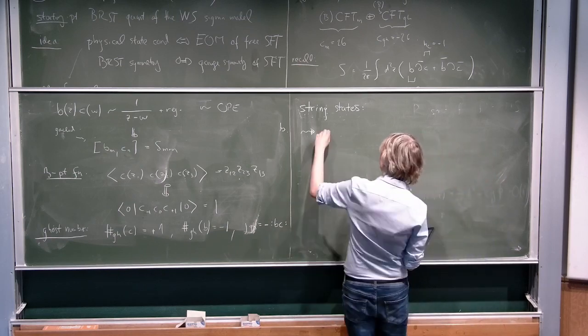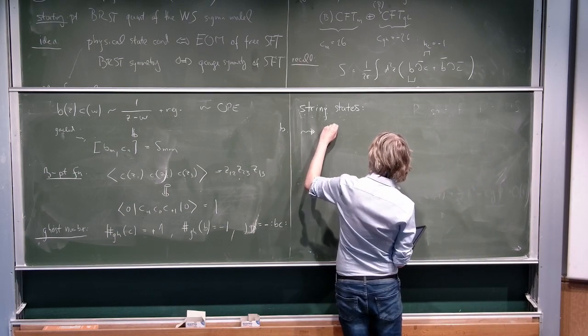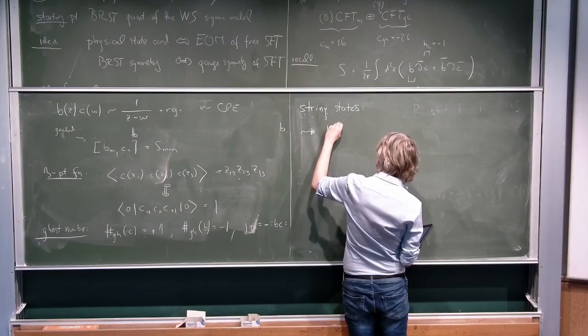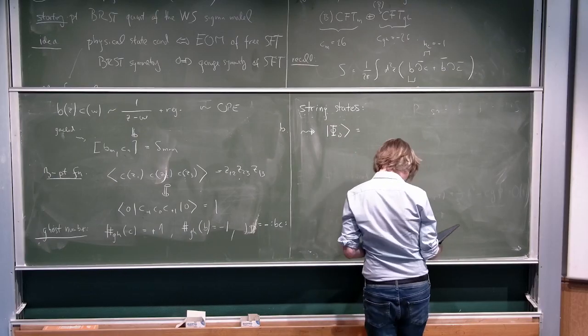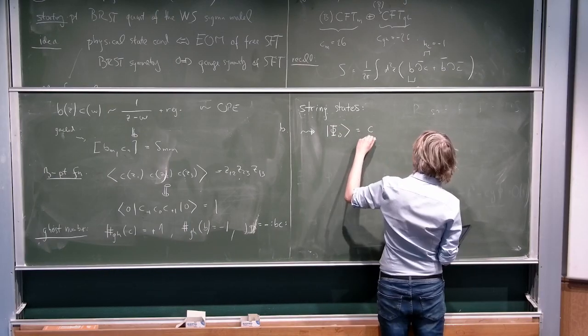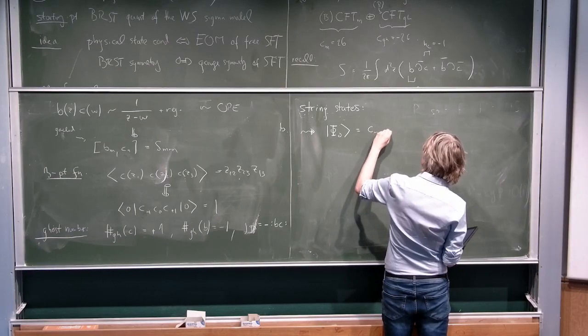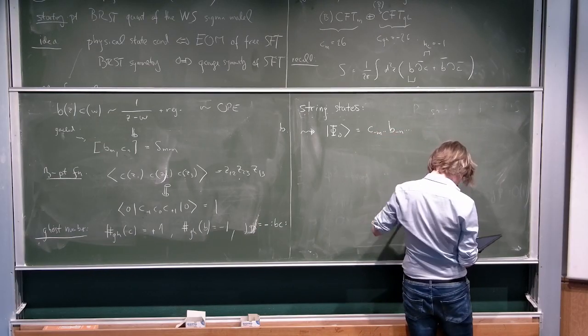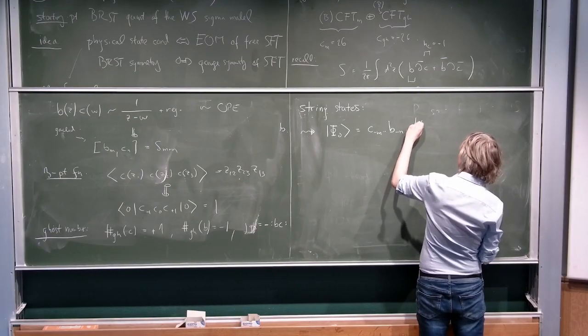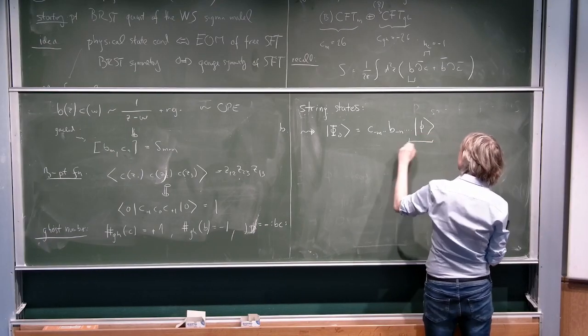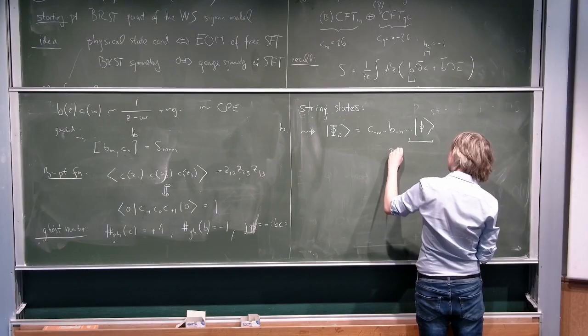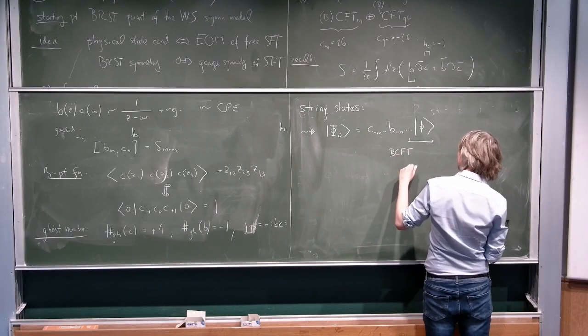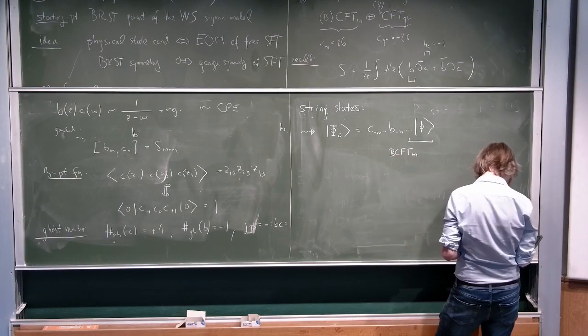In the case of open strings, I can write down a generic state in the Hilbert space as follows. I can act with some C ghost creation operators, some B ghost creation operators on some generic state in the boundary conformal field theory Hilbert space of matter.